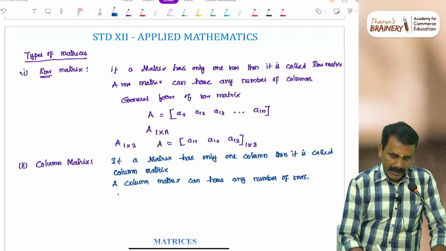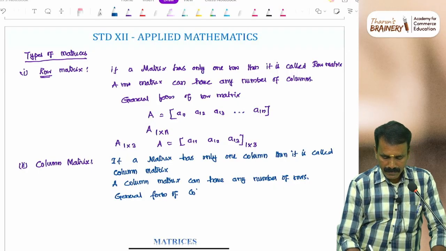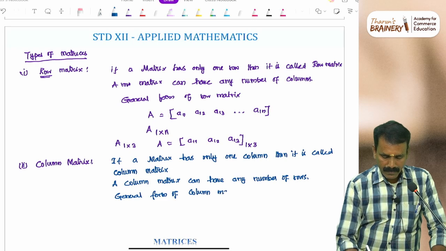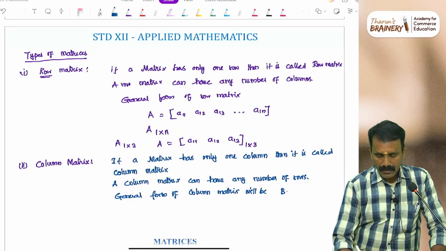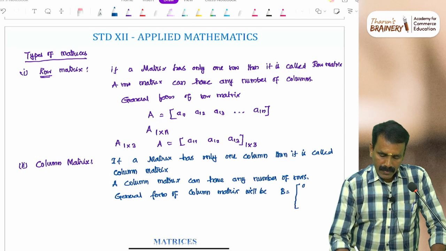The general form of a column matrix will be B is equal to [a11, a21, ..., am1].